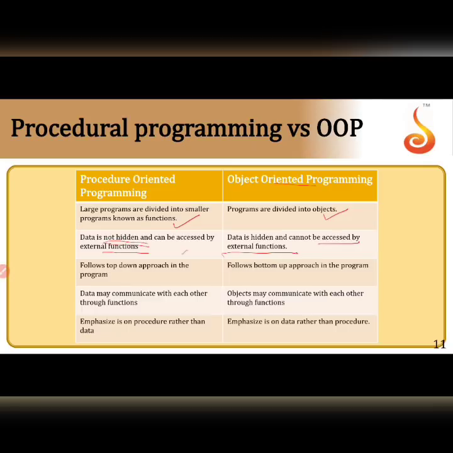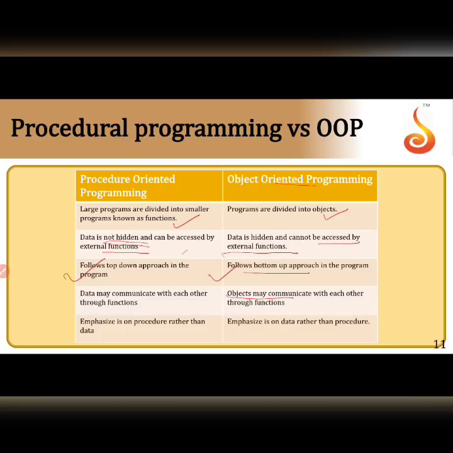This follows top-down approach, whereas this follows bottom-up approach. And we discussed what is top-down and bottom-up also. Data may communicate with each other through functions. How do they communicate? Means passing from one function to another. That is, data communicates with each other through functions, whereas here it happens through objects.